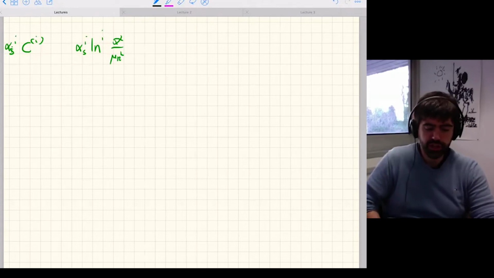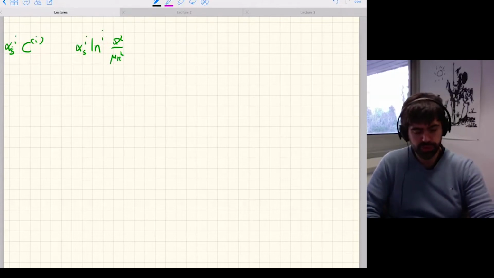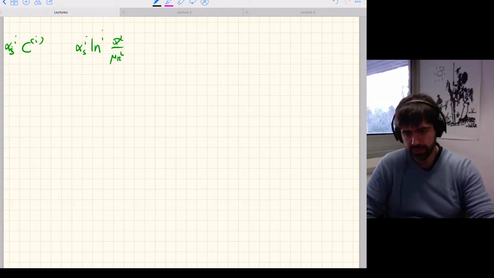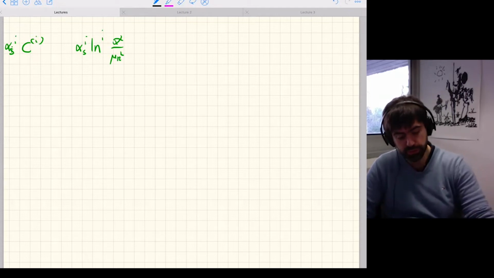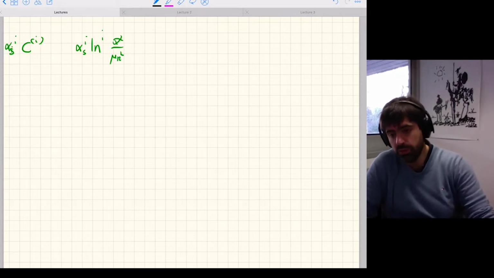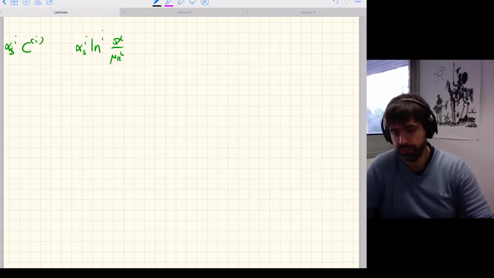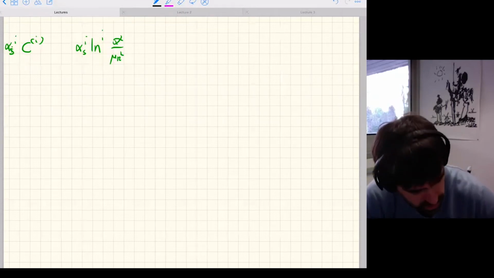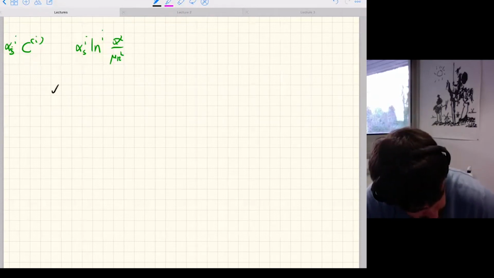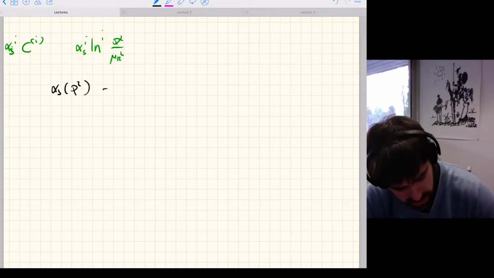You can use the renormalization group to evaluate the scale of the coupling, so choose mu_r equal or close to the hard scale of the process, Q. Using the renormalization group, you can effectively choose alpha_s of Q squared.